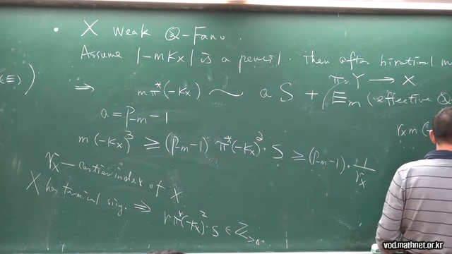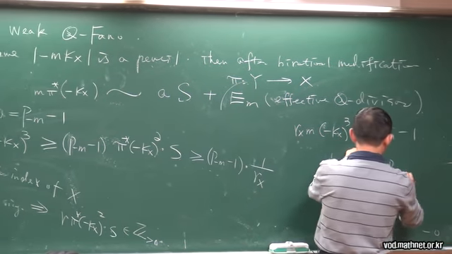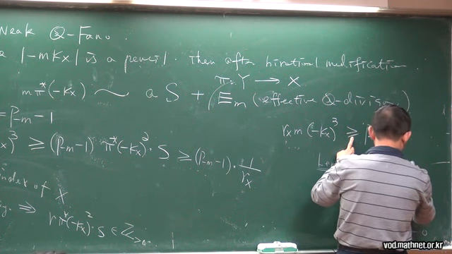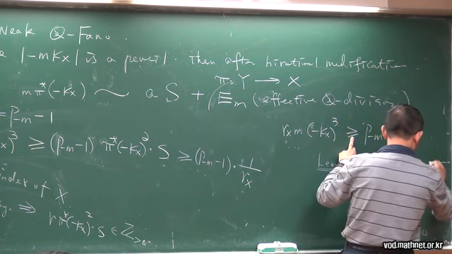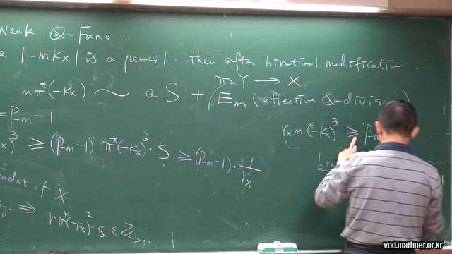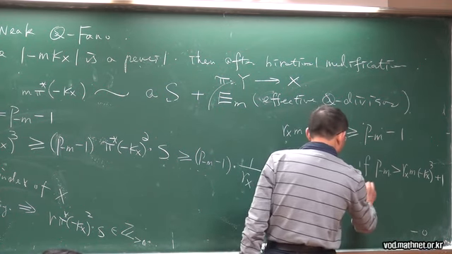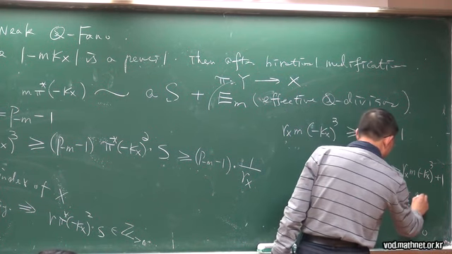So if P minus M is greater than Rxm minus Kx cubed plus 1, then minus mKx is not a pencil.